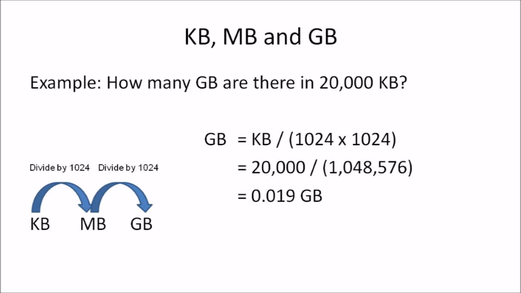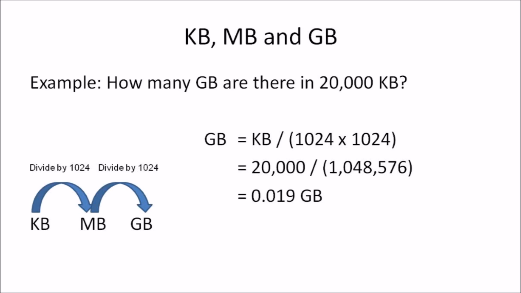In this example, how many gigabytes are there in 20,000 kilobytes? We are converting kilobytes to gigabytes. That means first we need to convert kilobytes to megabytes and then megabytes to gigabytes. So we need to divide kilobytes twice by 1024.